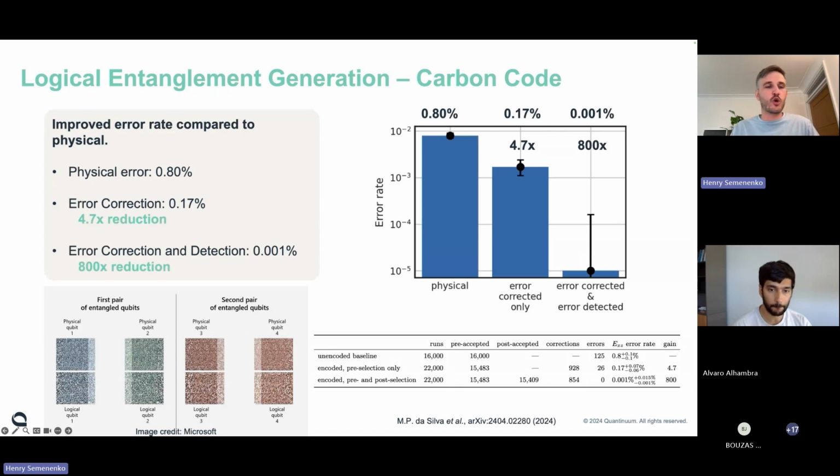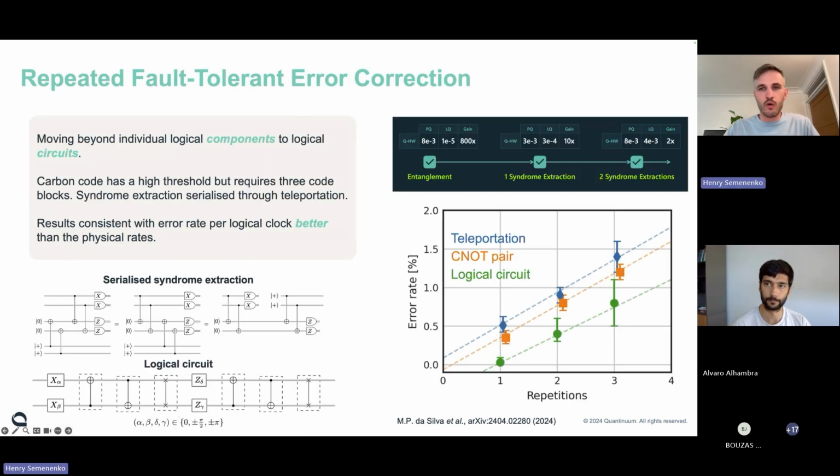And so we're showing the discrepancy between the physical level and the logical level. We aren't detecting any errors in this particular case once we've done our error correction and error rejection in this regime. And the final result from this paper is showing that we're able to do repeated fault tolerant error correction.